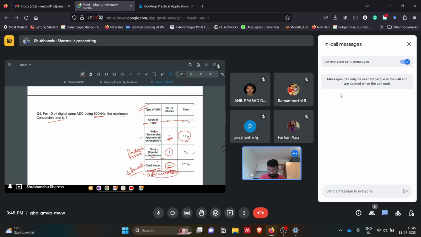Now if we come back to the question: for a 10-bit digital ramp ADC using 500 kilohertz, the maximum conversion time. The ramp signal is like the dual slope signal, because in dual slope we have ramps like this.